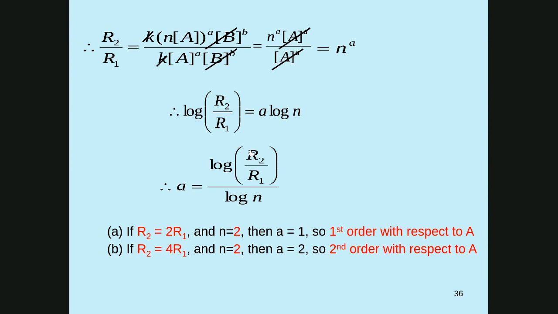So 4 R1 upon R1 is 4, with the log of 4 divided by the log of 2. And 4 is 2 squared, so you bring the square in front. So you get 2 times log 2 upon log 2, which is 2. So in this case, the order of the reaction with respect to compound A is 2. It's a second order reaction with respect to A.